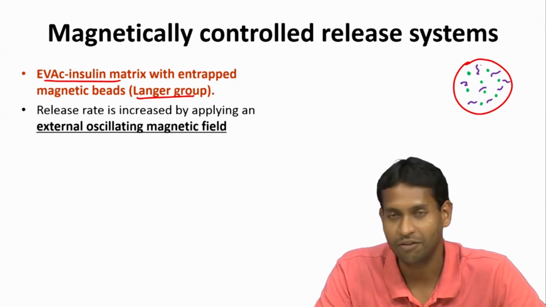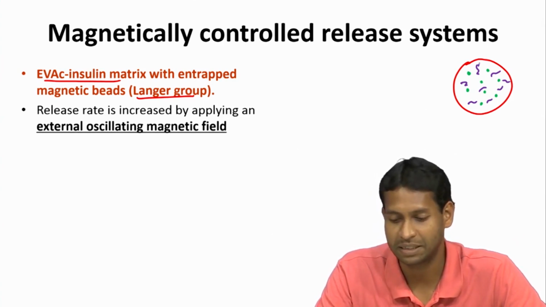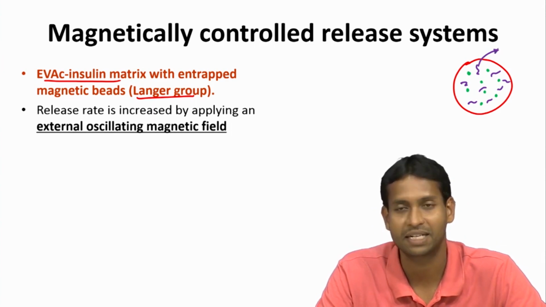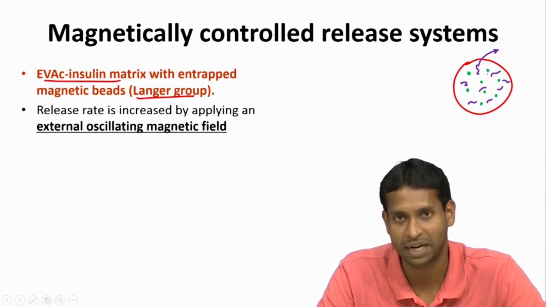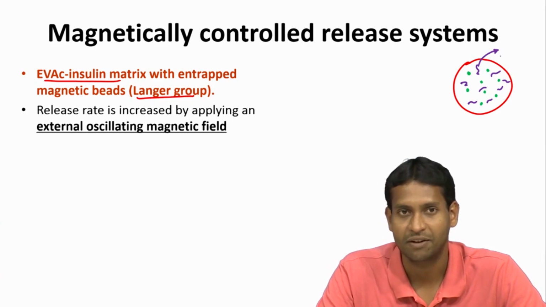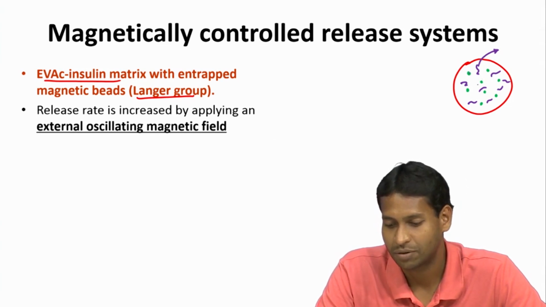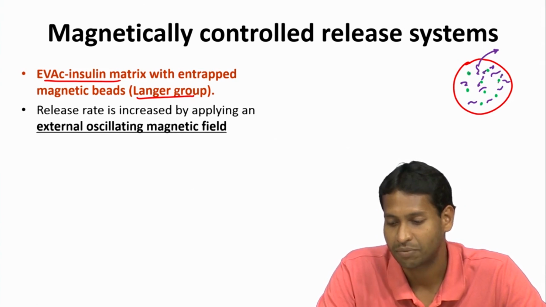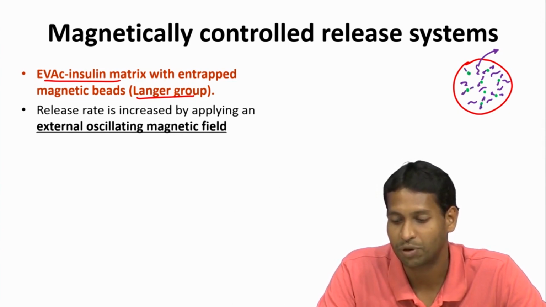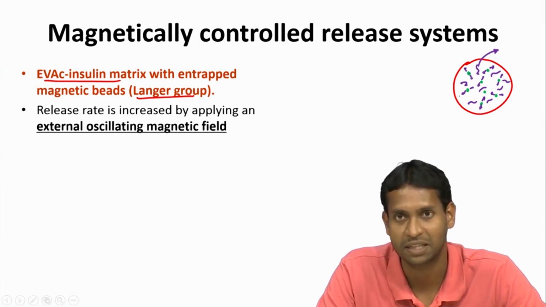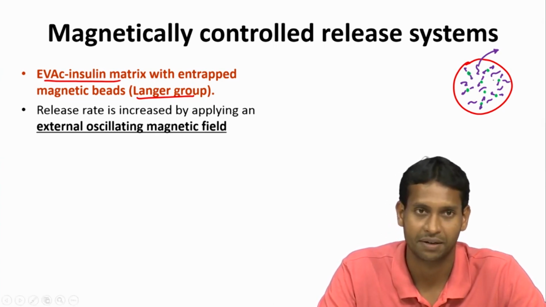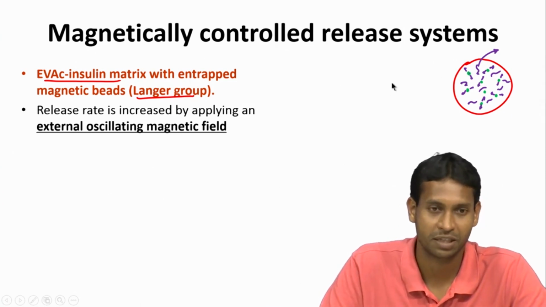In a standard system this peptide comes out at a certain rate because it is either diffusing or maybe the particle itself is degrading. What happens now if you apply an oscillating magnetic field is that these green dots will start to move with the magnetic field and will start to oscillate. Because of that, you are causing a lot of movement. So, first of all you are increasing the diffusion, the pore size will get expanded, and sometimes you are even disrupting the pores. That will cause the release to go higher, and that is the concept that was used in this particular example.